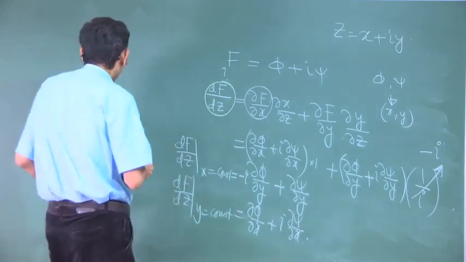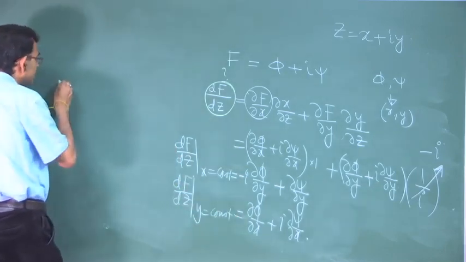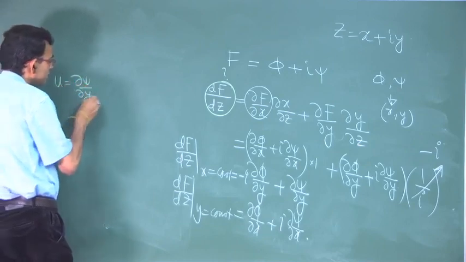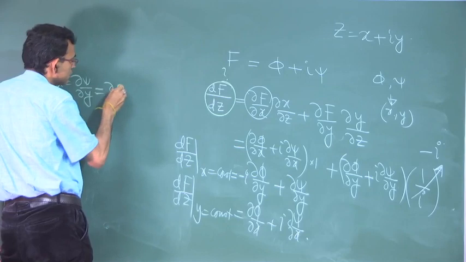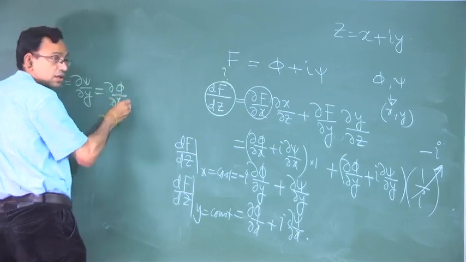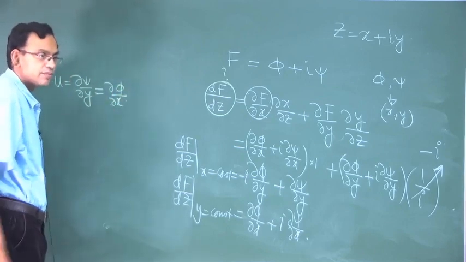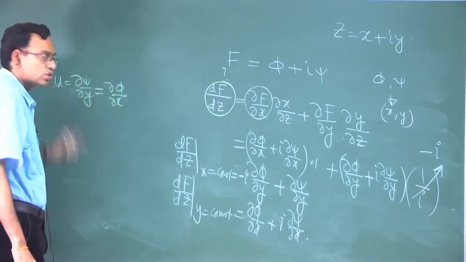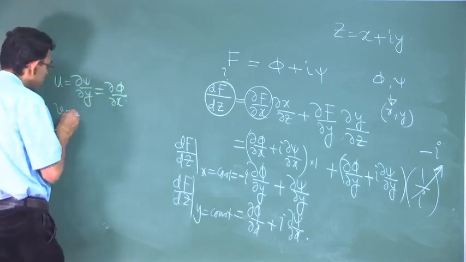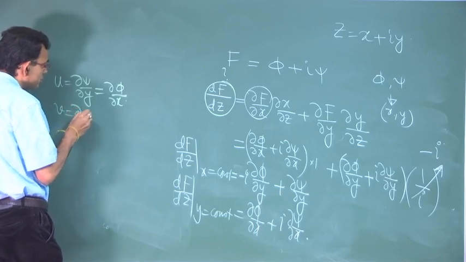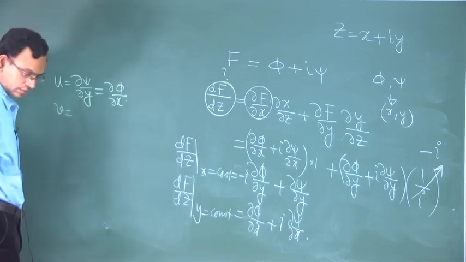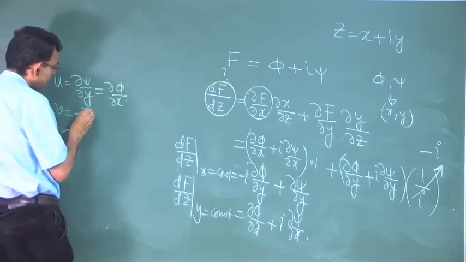So, recall from our previous discussion, u is equal to del psi del y is equal to del phi del x. So, this was the definition of psi and phi through u and v. v is equal to minus del psi del x.